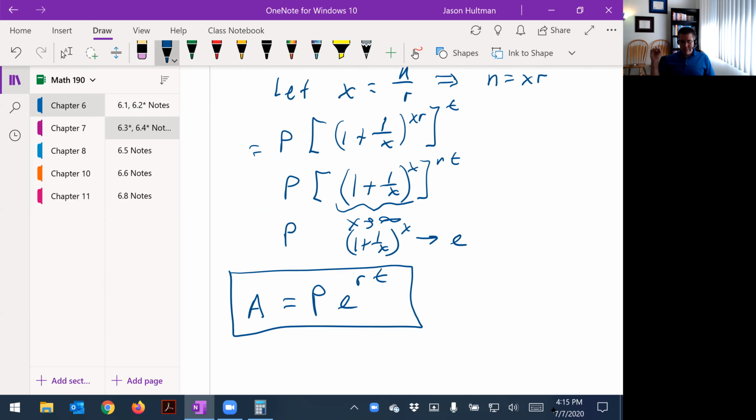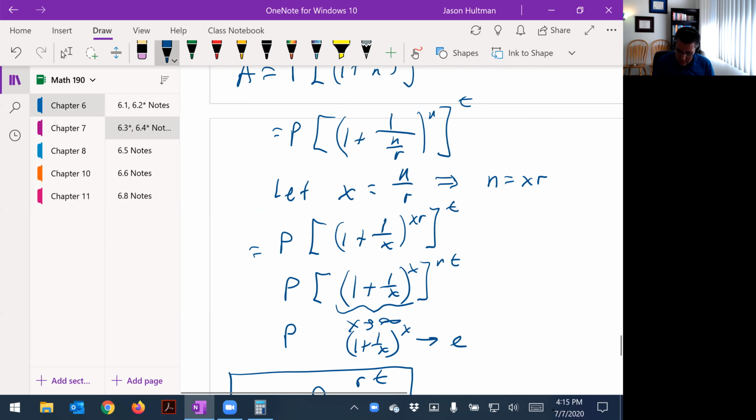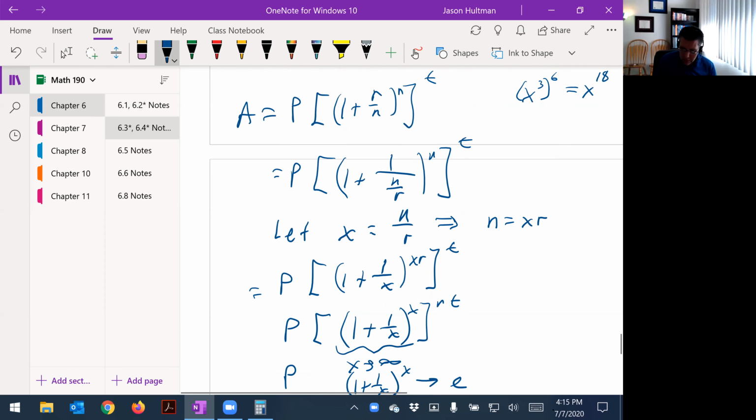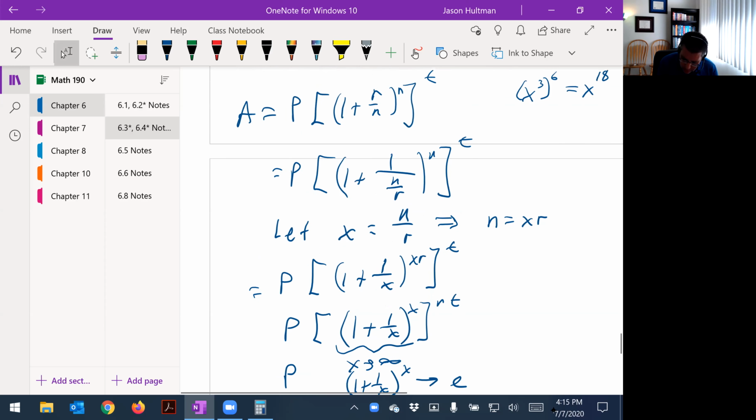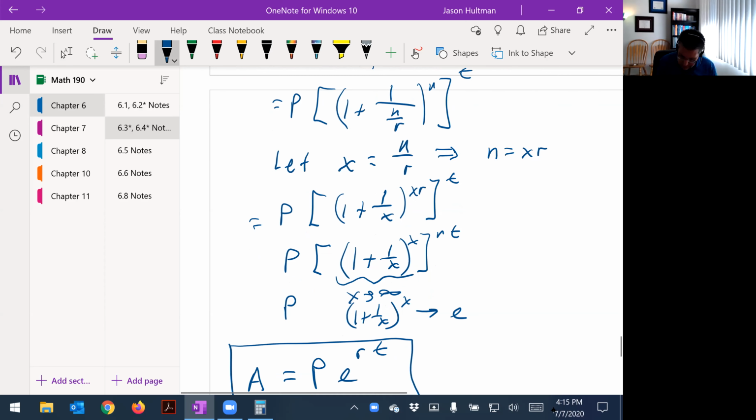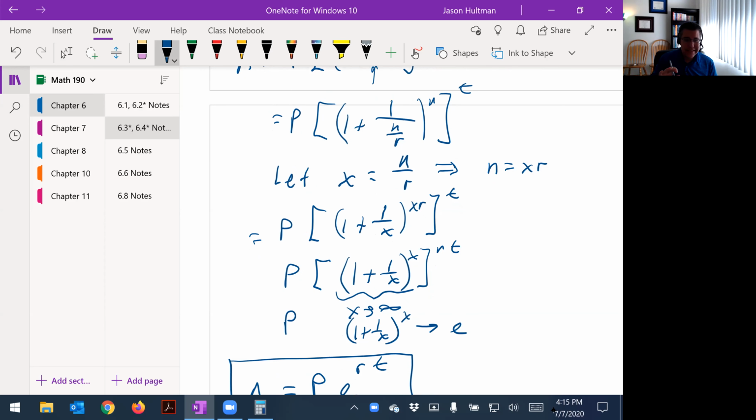Boom. Now you might ask yourself, did we do any sleight of hand here? Because we started with an n, and we left off with an x, and then we took the limit. So is there any sleight of hand?